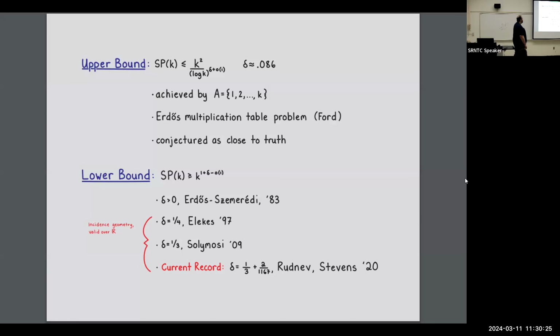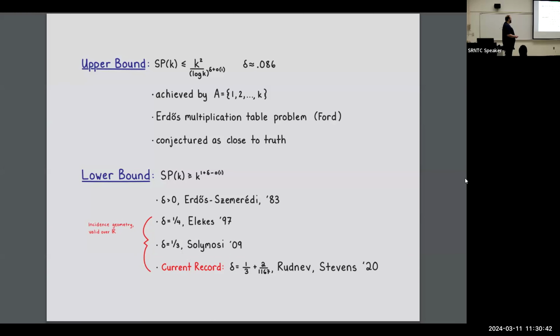Erdős and Szemerédi proved, okay, it's definitely not linear. You can definitely get a positive constant improvement. But after that, I would really encourage everybody to take a look at these two papers.